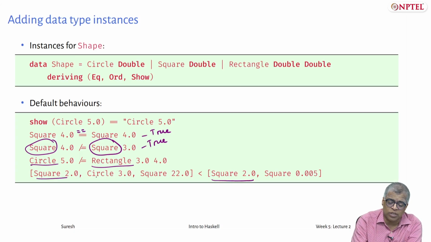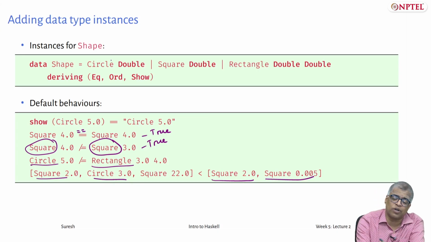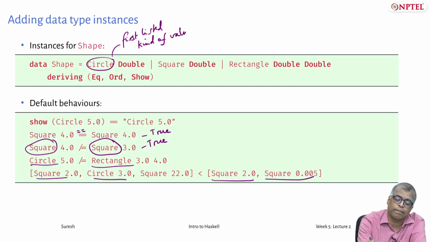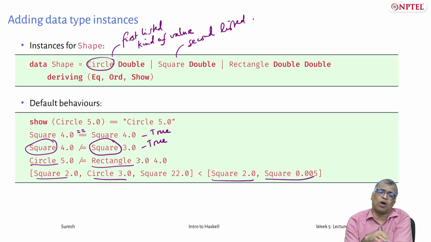But when you come to the next element, Circle here and Square there, Circle is listed first. This is the first listed kind of value, and Square is listed second. So Circle is less than Square according to this definition. It doesn't matter that the square side is very small and the circle radius is huge. All you care about is whether it's a circle or a square; Circle is less than Square according to this definition.